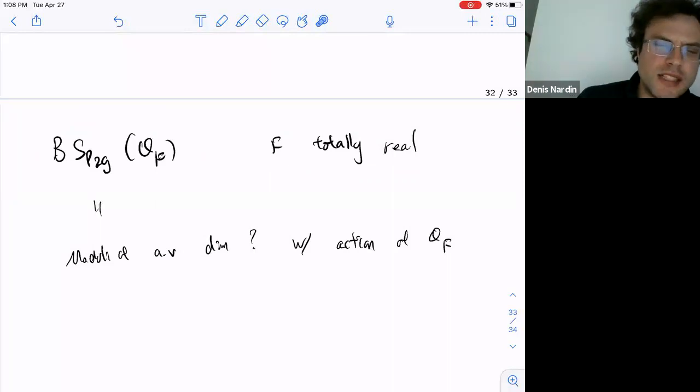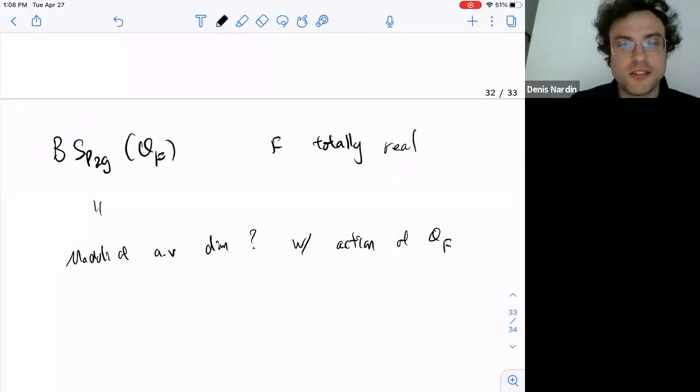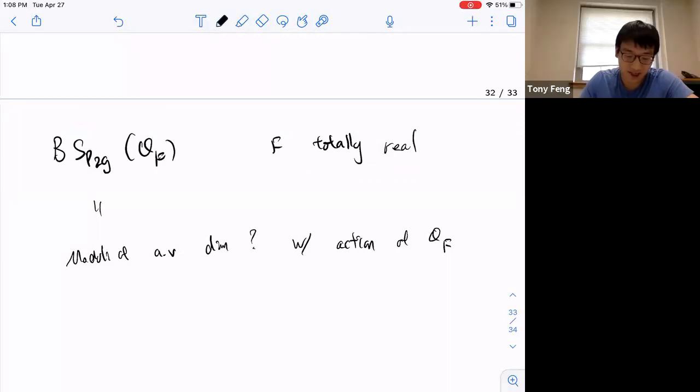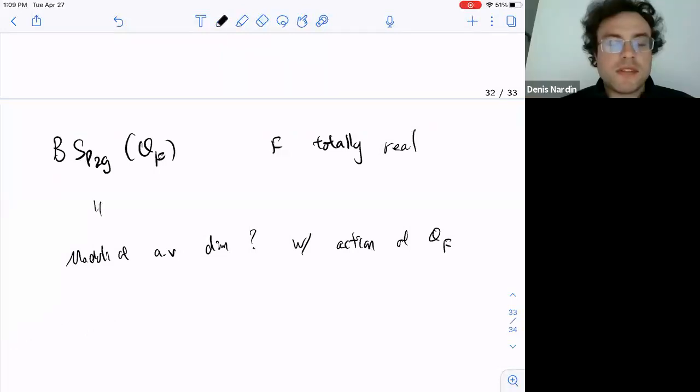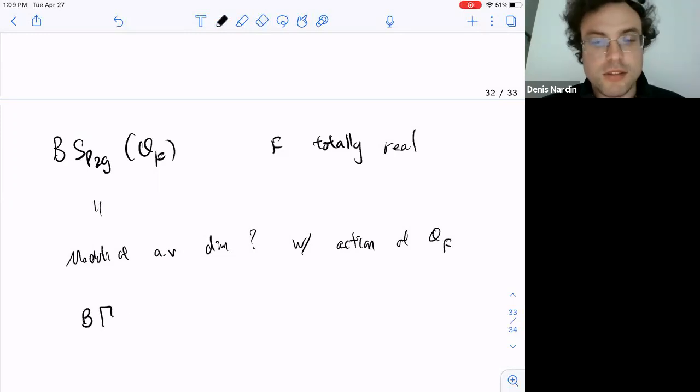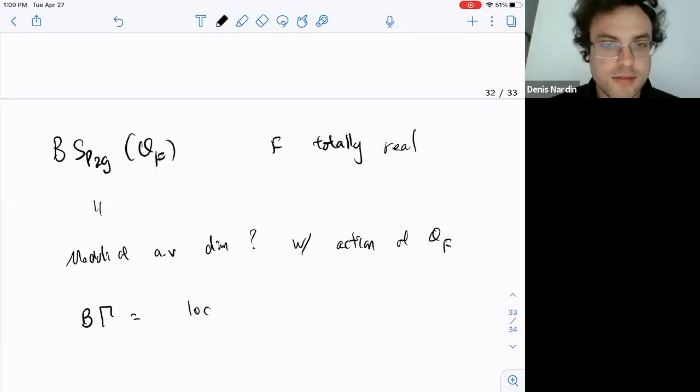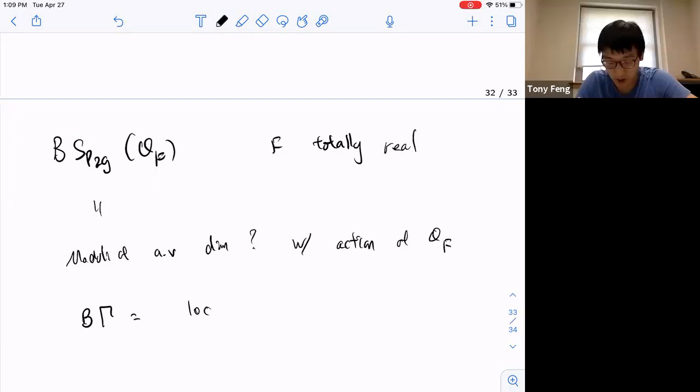Why do you need totally real for this? Sorry, I cannot see where the condition plays a role here. It's connected to the question of when B gamma... Maybe I should ask a more concrete question. You can still define that moduli space of abelian varieties with an action of O_F for any F, right? What goes wrong?